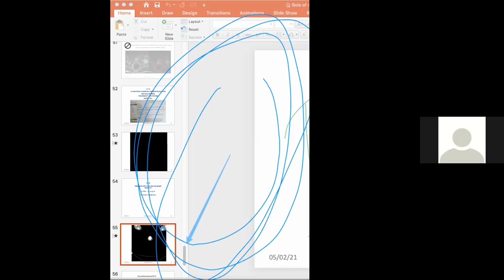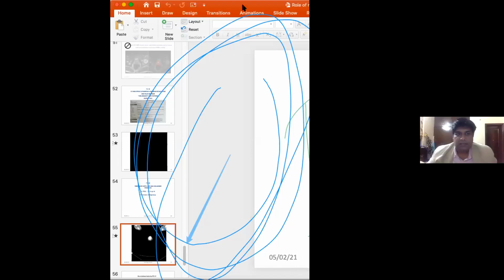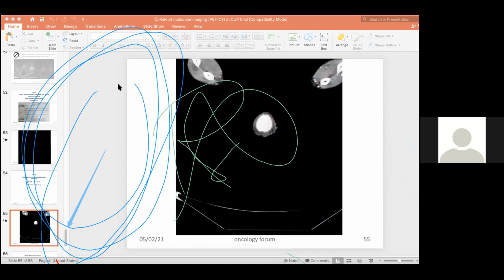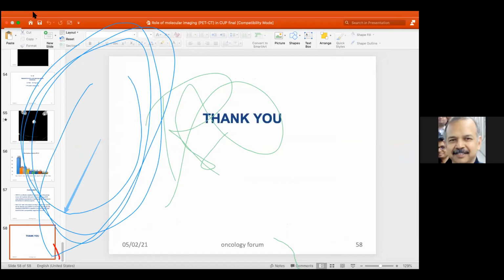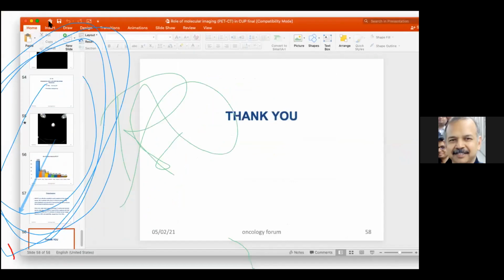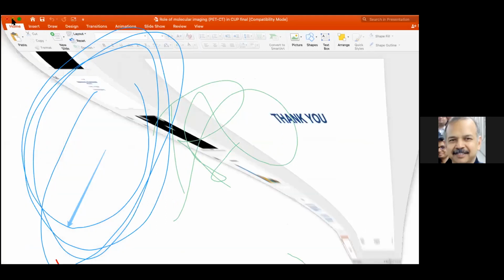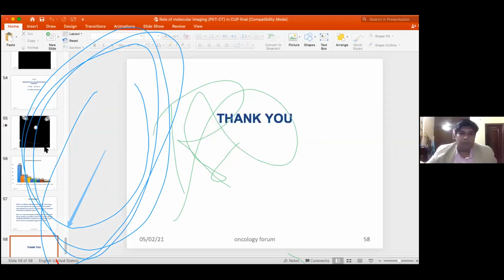Sir, only half screen. Now it is okay, full screen. But go to slideshow. Right now you can see, sir? No, sir. So there are some problems, sir.